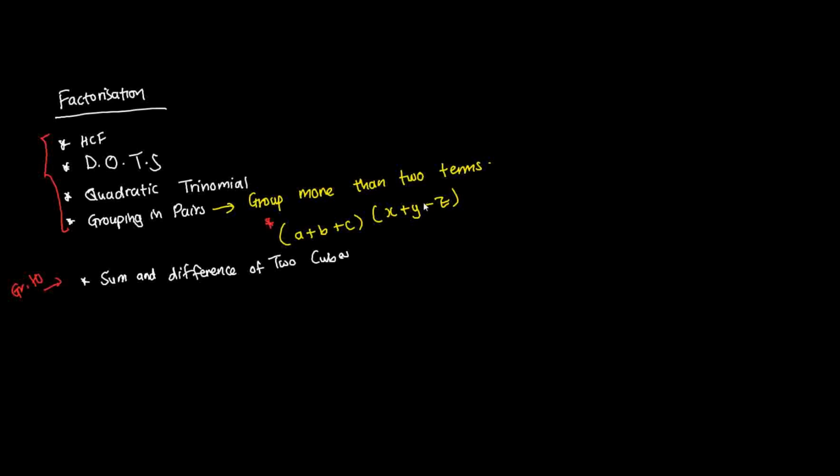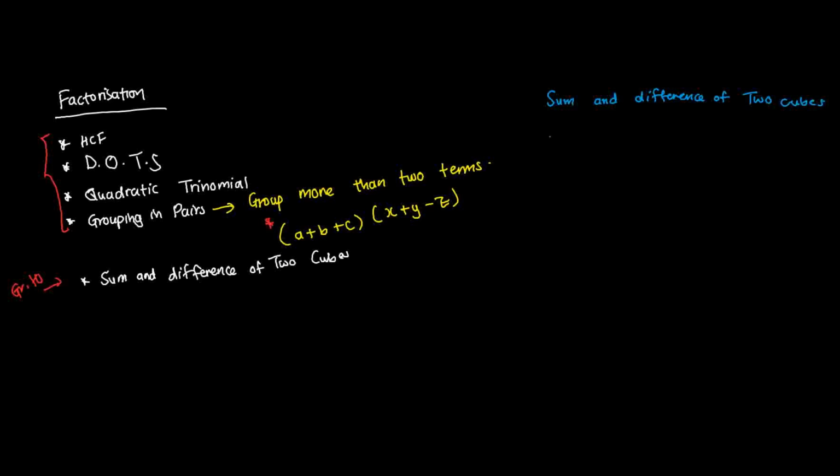Oh, before we look at an example, let's see how do we factorize the sum and difference of 2 cubes. Okay, so let's look at the sum of 2 cubes first.